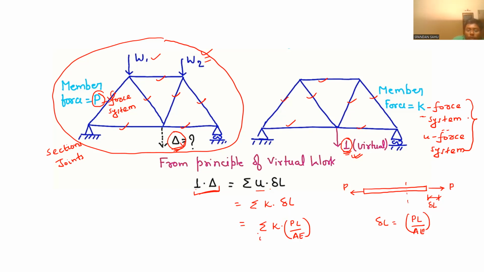And when you do summation for i equal to 1 to m, where m is the number of members, you will get 1 into delta equal to summation K dot PL by AE. So from here, delta equals K PL by AE whole summation for all those members.